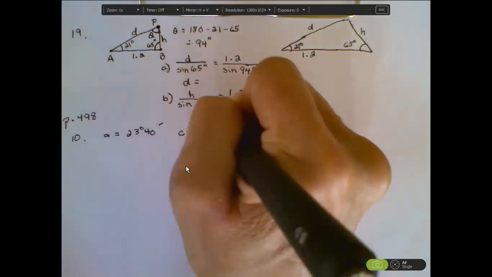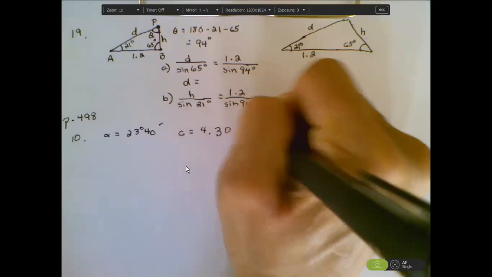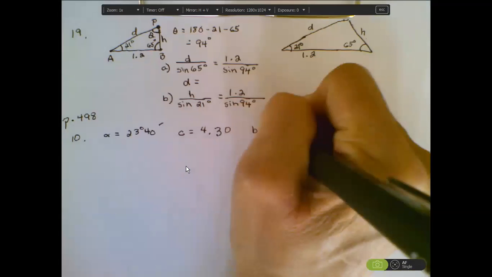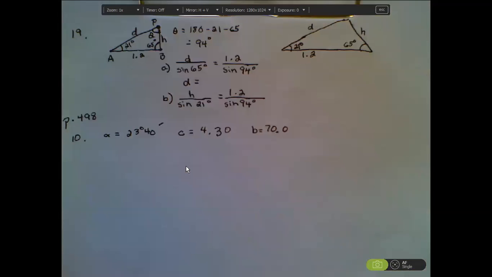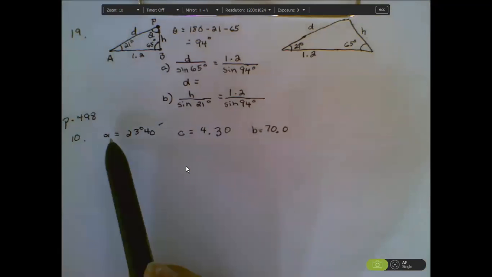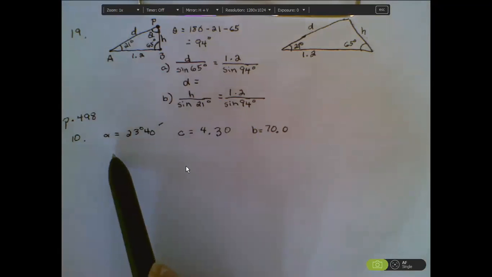It's 4.30. B is 70.0. I don't know why they didn't give us the same number of significant digits on both of those, but I'm not worried about it. All right, if the only angle I'm given is alpha, then what side do I have to be given in order to use the law of sines?